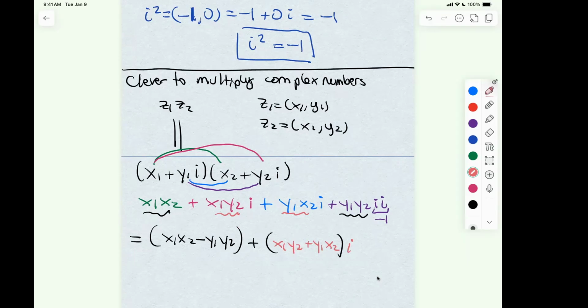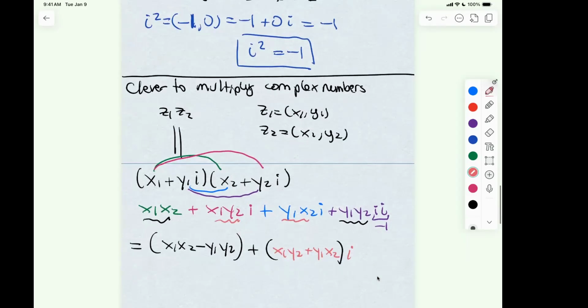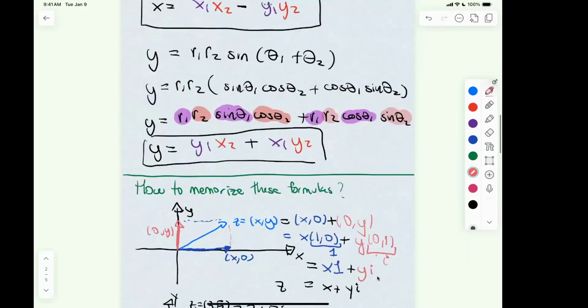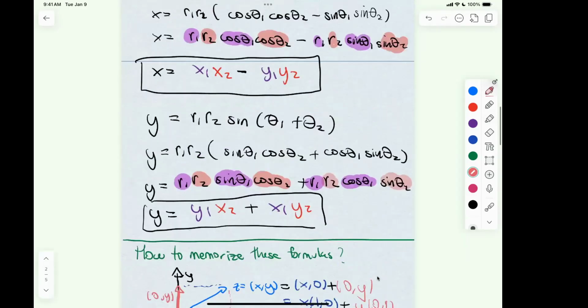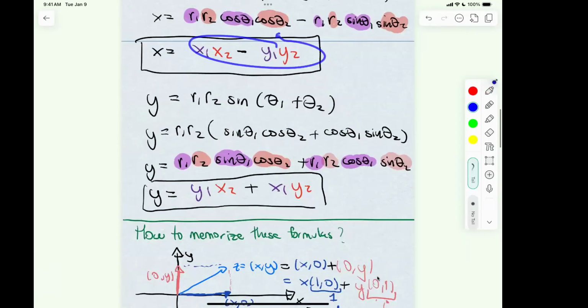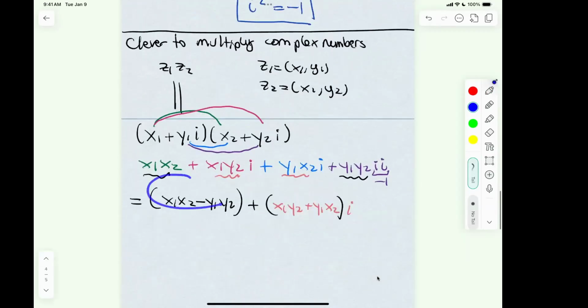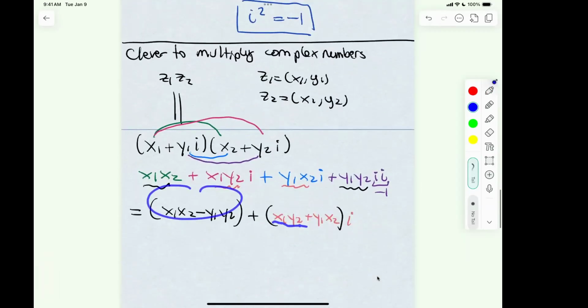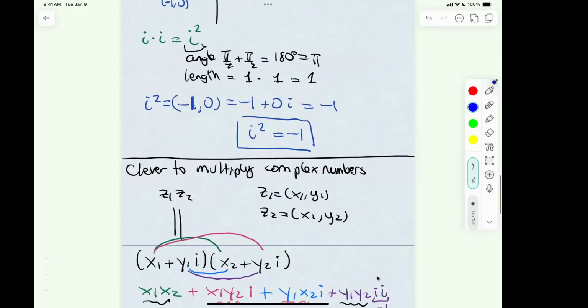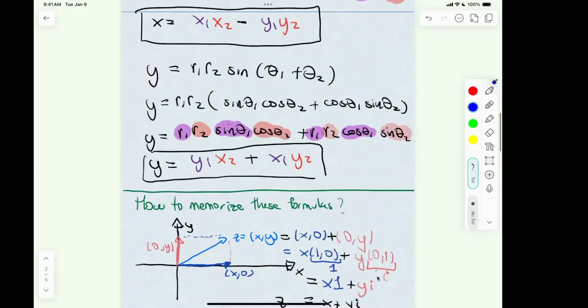And if we could go back for a second, x1 x2 minus y1 y2, that is precisely what I said x would be. It's right here. And the other one was x1 y2 plus y1 x2.